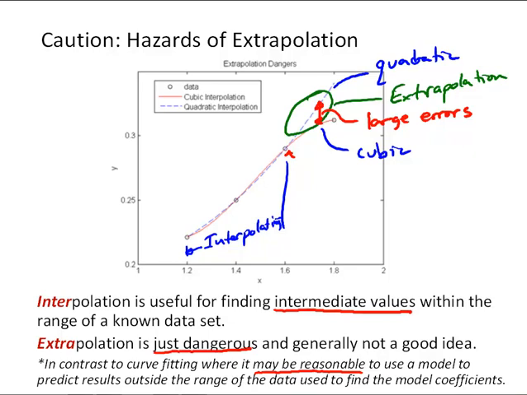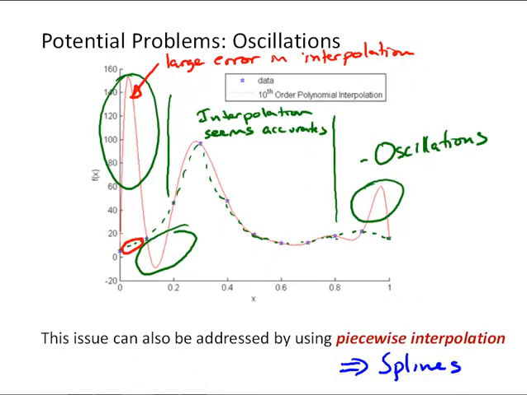In fact, we already saw with oscillations that as we get near the edge of the range of the data, interpolating polynomials can start oscillating wildly. So the bottom line is just don't extrapolate with an interpolating polynomial. And that concludes this video. We'll look at splines and Lagrange polynomials in a couple videos coming up.